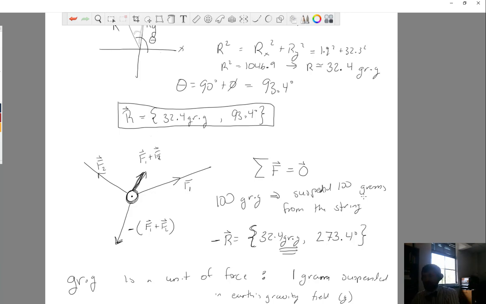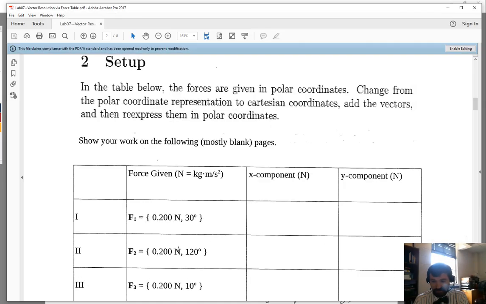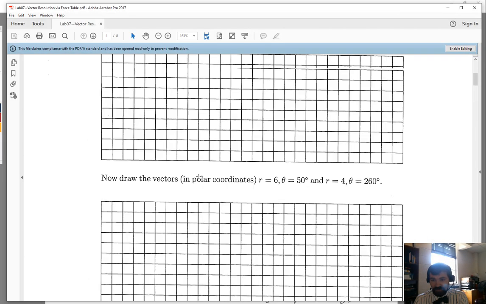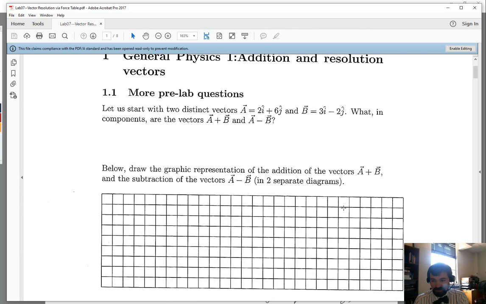So I think at this point I've basically given you the calculations walkthrough of this experiment. What you'll need to do is answer these pre-lab questions.